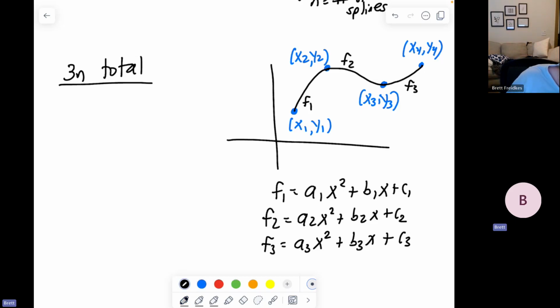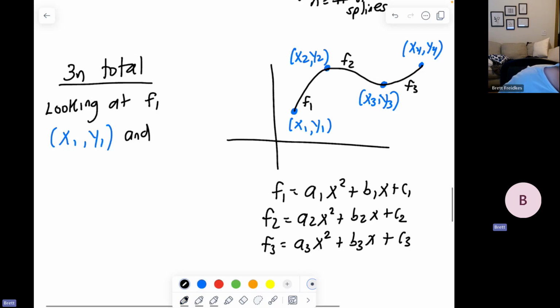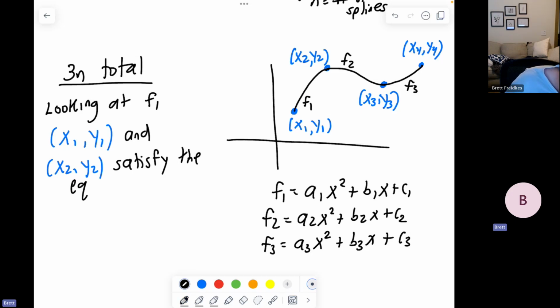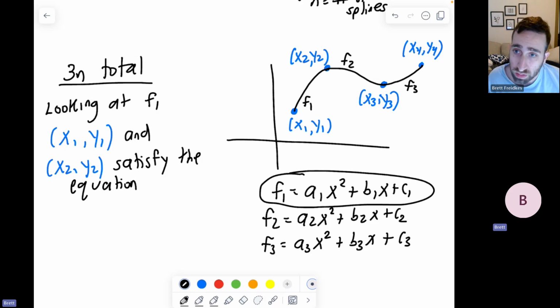So if we look at f1, we could say that x1, y1, and x2, y2 satisfy the equation because they are on that curve. If I plug x1 into this function, the output will be y1. If I plug x2 into that function, the output will be y2. So I can plug 2 points into this to give me 2 equations.